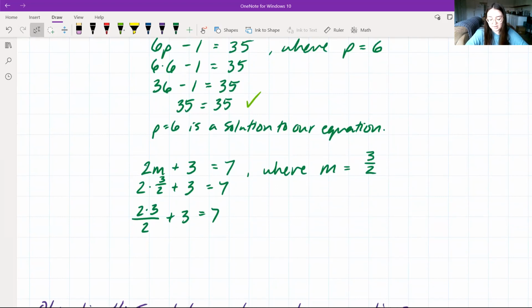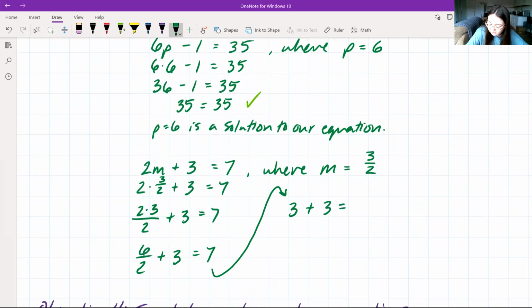2 times 3 is 6, divided by 2, plus 3 equal to 7. We're going to run out of room, so we'll continue over here. 6 divided by 2 is 3, which gives us 3 plus 3 is equal to 7. But 3 plus 3 is equal to 6, so this does not work.